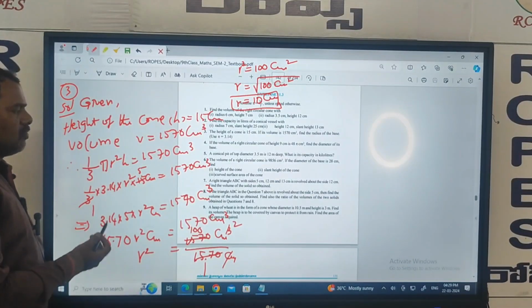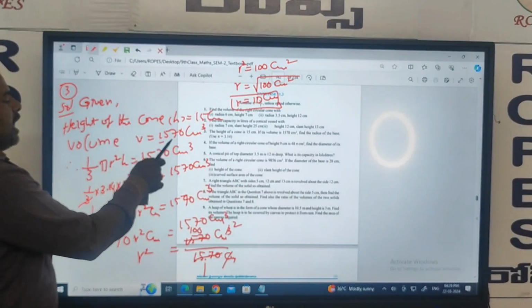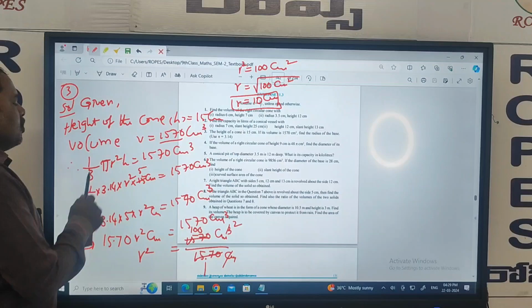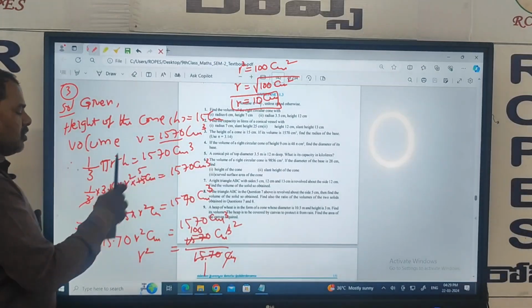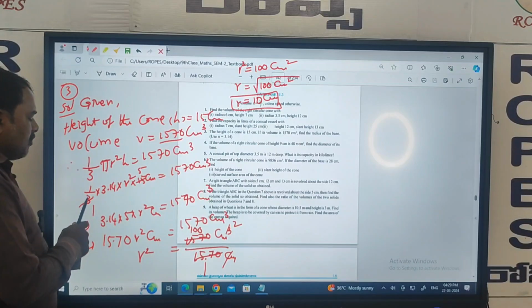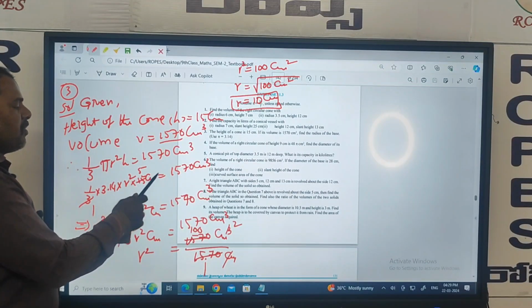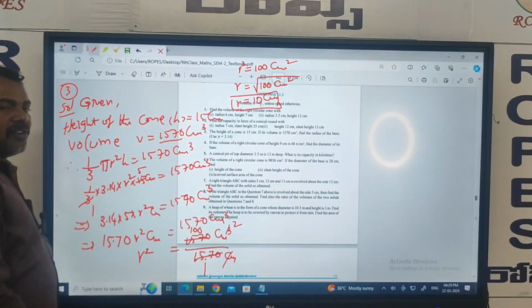So here, what we observed: they are giving height 15 centimeters and volume 1570 centimeters cube. The volume of the cone is 1 by 3 pi r square h. That value, 1570 centimeters cube, they gave. The pi value they said to take is 3.14. Then 1 by 3 into 3.14 into r square into h value 15 is equal to 1570 centimeters cube. Here 3 ones are 3, 3 fives are 15.